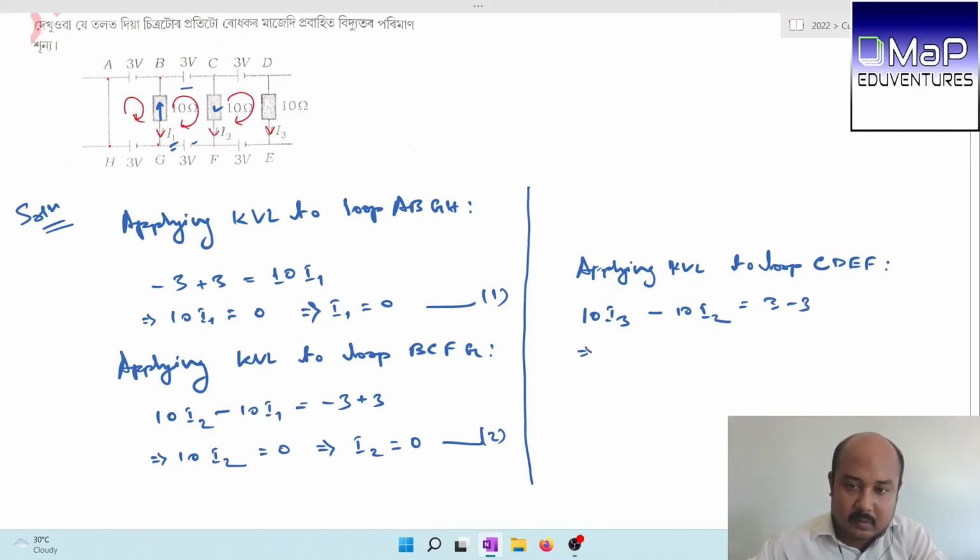Since I2 is equal to 0, I have 10 I3 equal to 0. This gives I3 equal to 0. This is equation number 3.